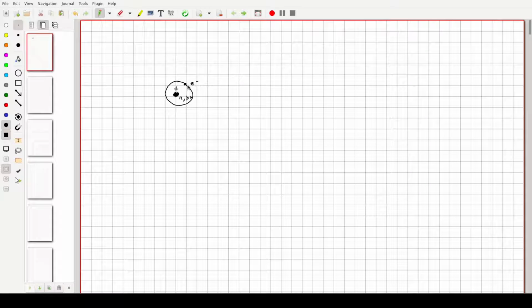So what happens when you run an electric field through an atom? Well, let's pretend this is an electric field. I'm going to call this E naught. This is what's called an external field. Why is it external?